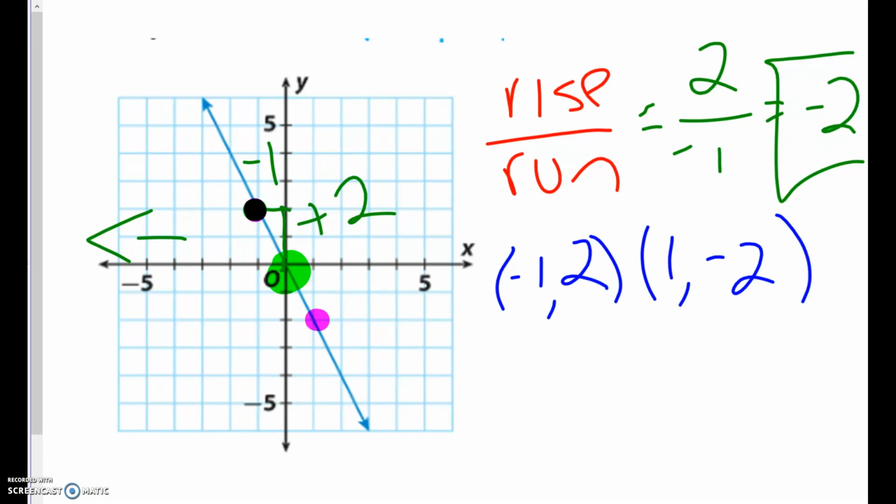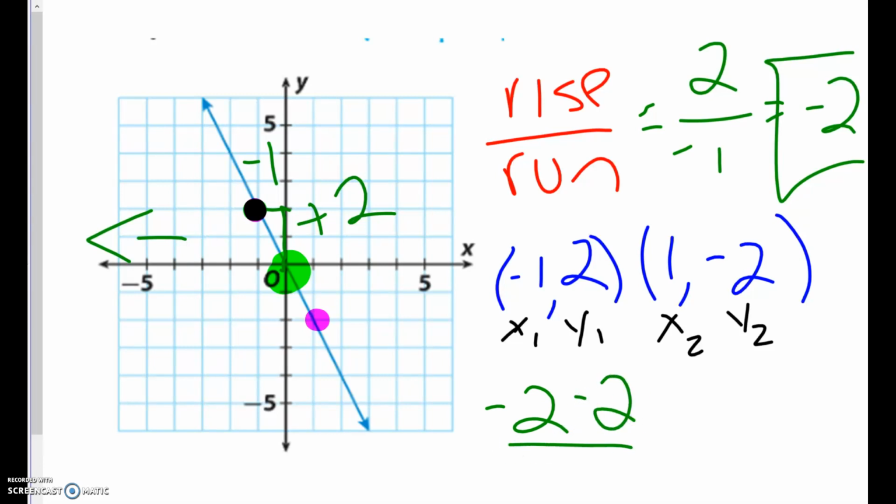So I always recommend labeling your points. I have x1, y1, x2, y2. And I'm going to say my y2, negative 2 minus 2 over 1 minus a negative 1.